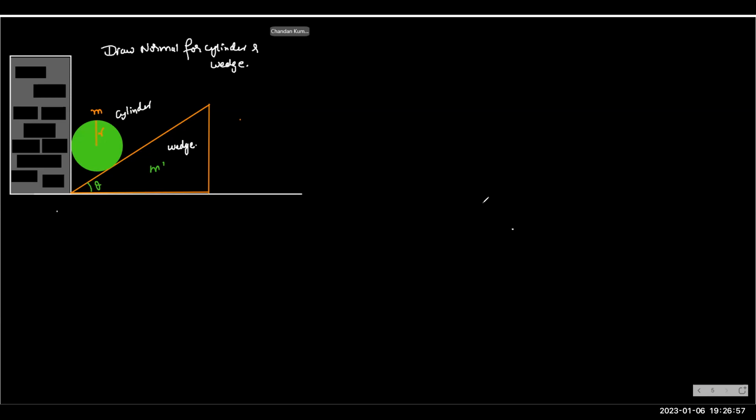What does it mean? These are some practices you need to learn. One surface is vertical, which is this. Another surface is an inclined surface, right? You can see here. So I must draw the inclined surface as an inclined plane with the given angle theta. This is good practice.